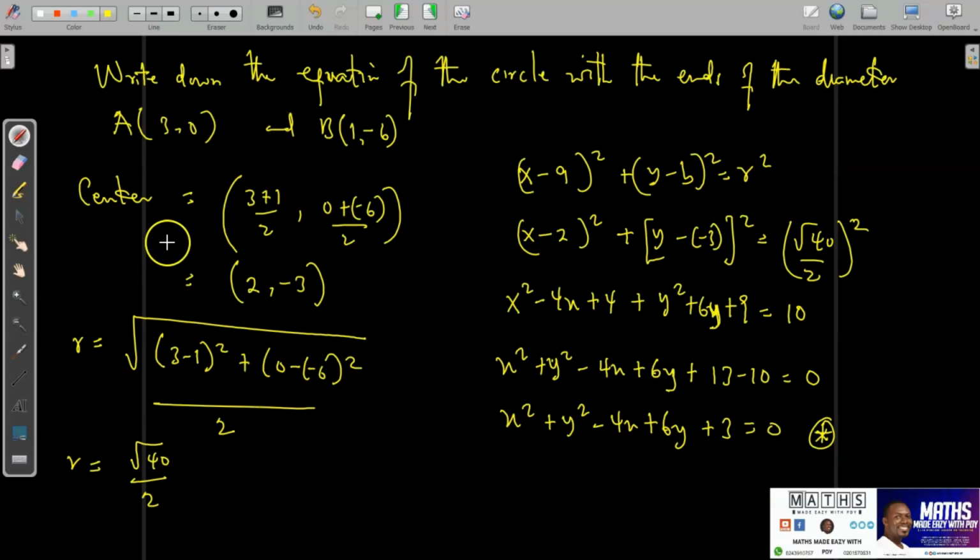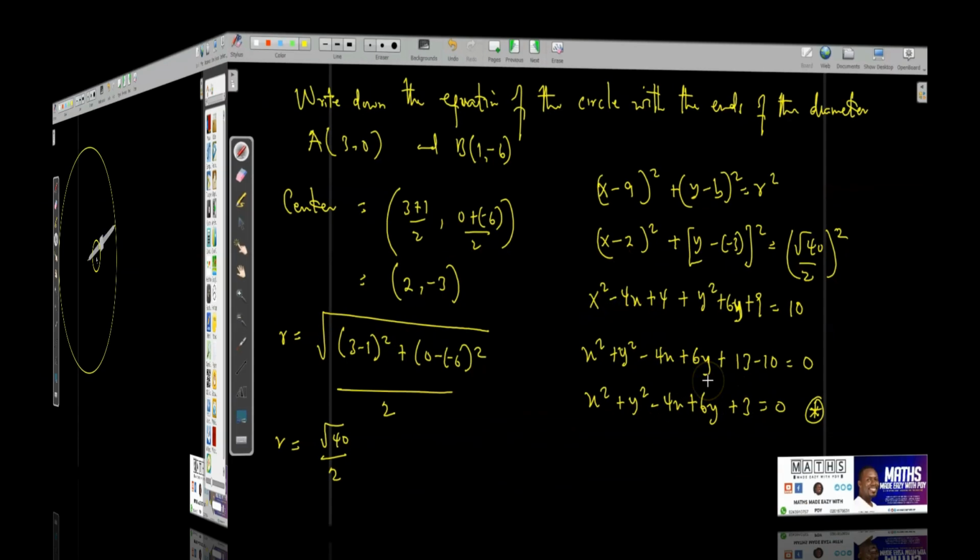We first had to find the center using the idea of midpoint of a line when the coordinates are known, and we found the radius by using length of a line divided by 2 to get a radius, and then we applied the unitary method and we had this as an answer. Are you okay? Now let me give you the formula so that you can try using the formula.